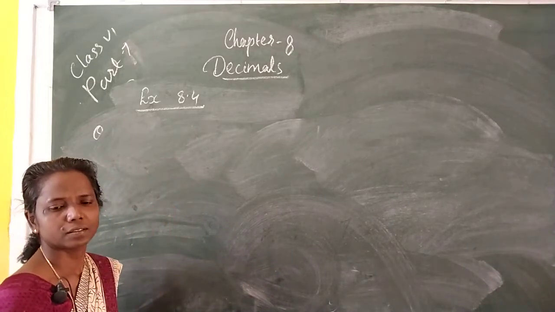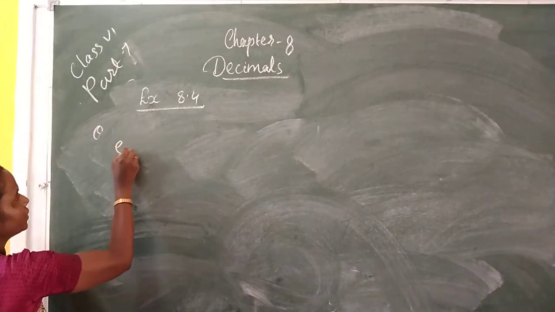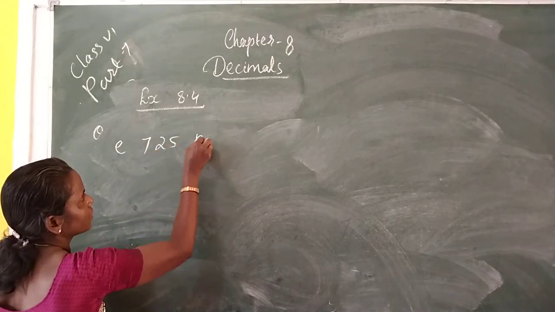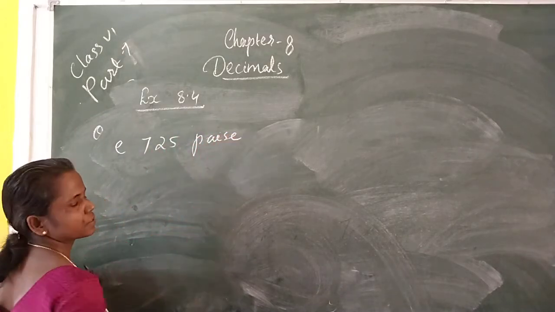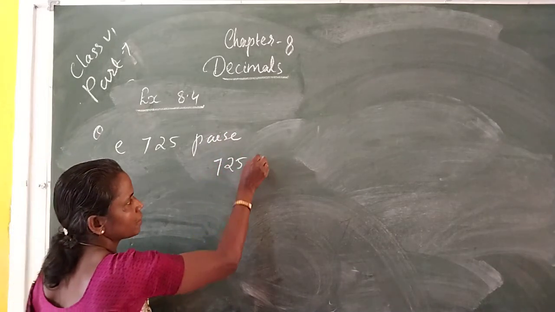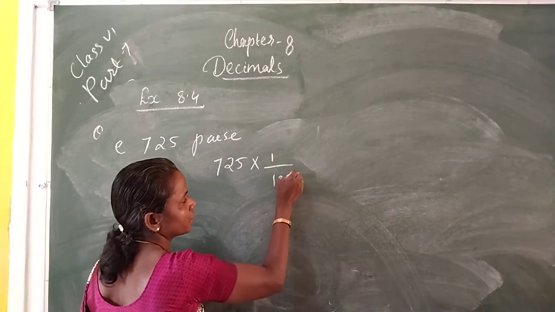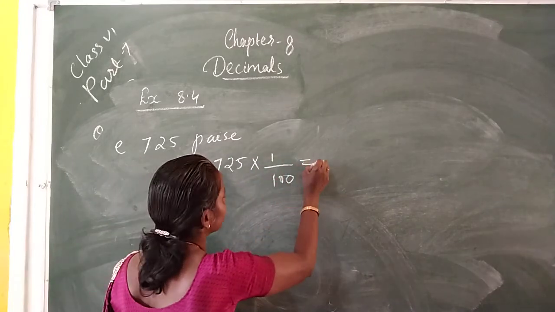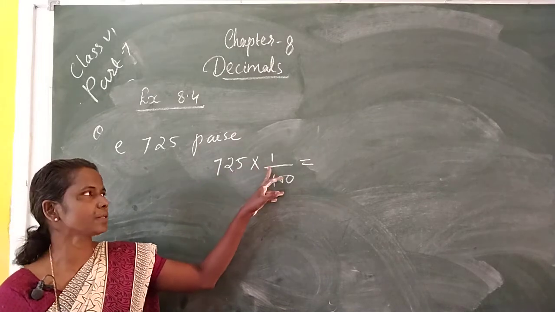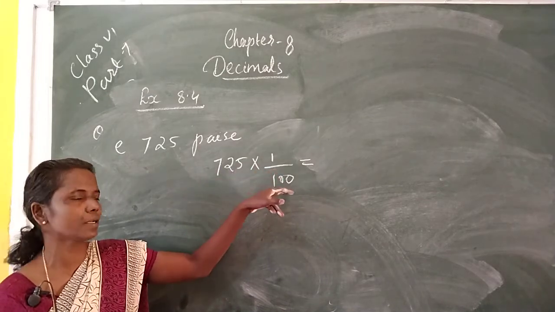The next, look here, E, 725 paise. 725 paise multiply by 1 by 100 is equal to, here paise convert into rupees, multiply by which number? 1 by 100.